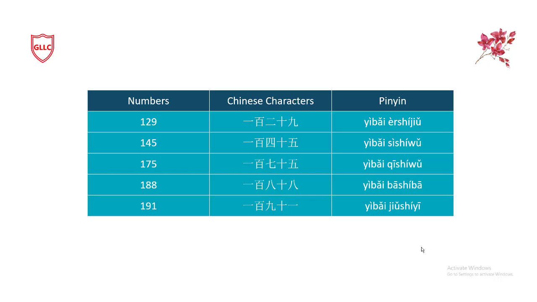How to pronounce 45? 4 times 10 plus 5, 45. If we add 100, 145 means 145. Next word, 175. Next word, 188. The next word is 191.